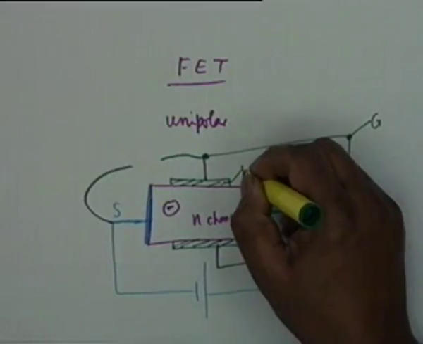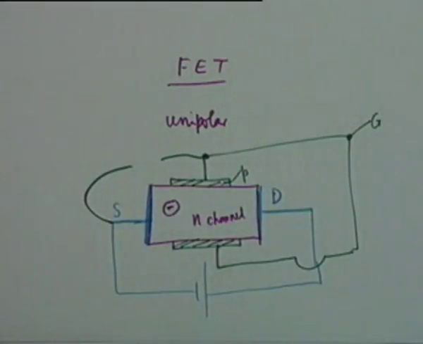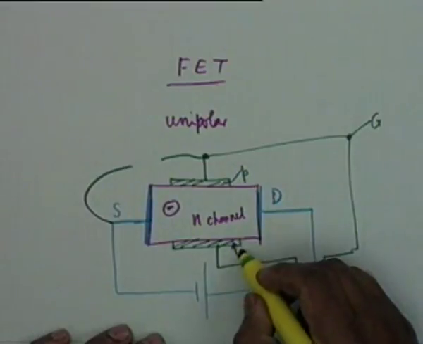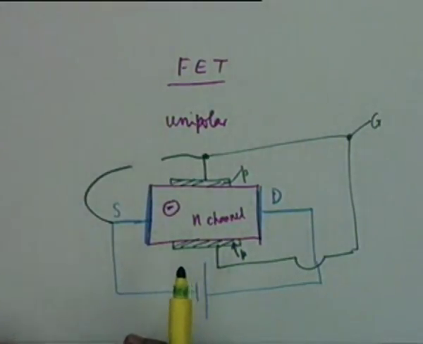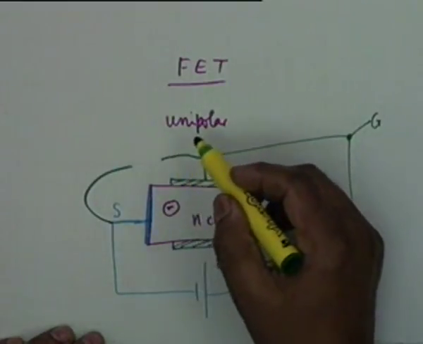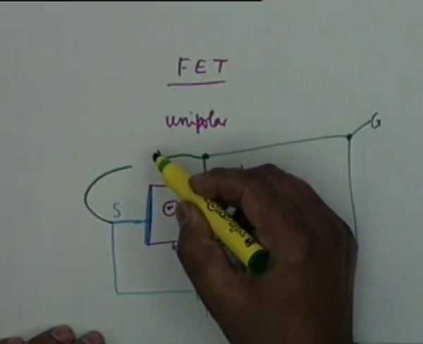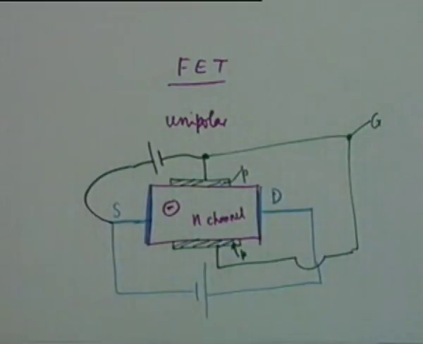Suppose this material is P. Suppose there is a P-type material deposited on the N channel, okay, and suppose there is a battery connected like this, okay.